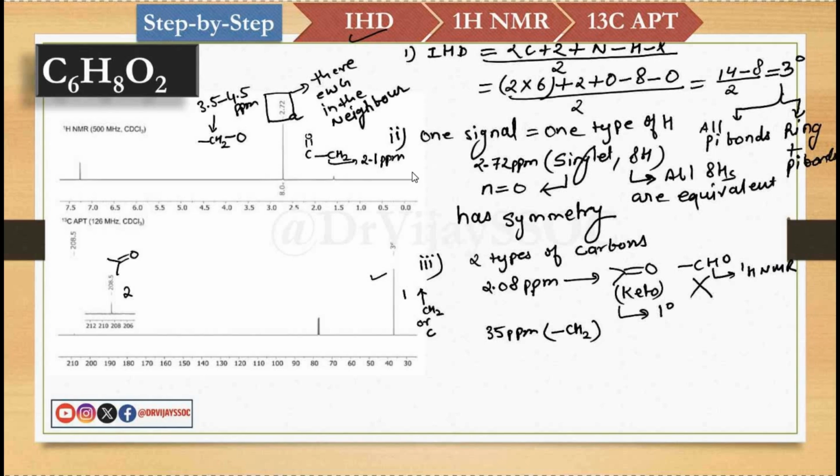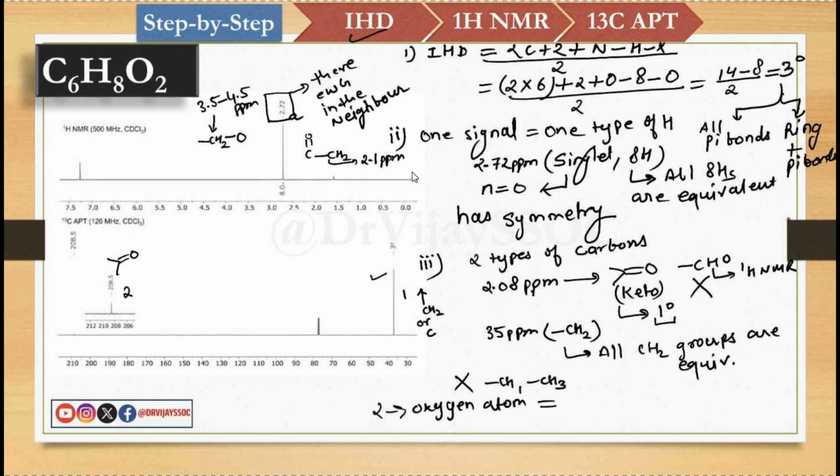So it means all the CH2 groups are equivalent, and this molecule doesn't have CH or methyl groups. This molecule is highly symmetrical, and only 1 degree of unsaturation is going to the keto group, and we have 2 oxygen atoms. So I am thinking that maybe there is a second keto group in the molecule.